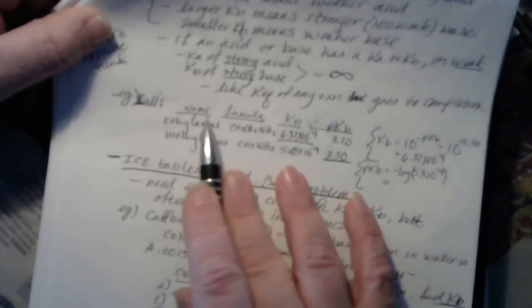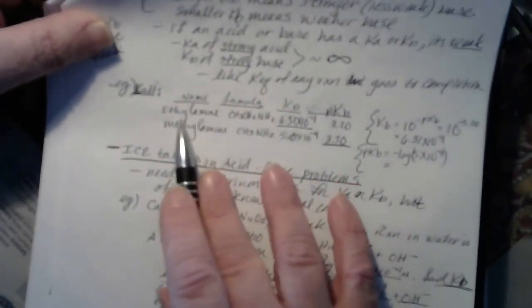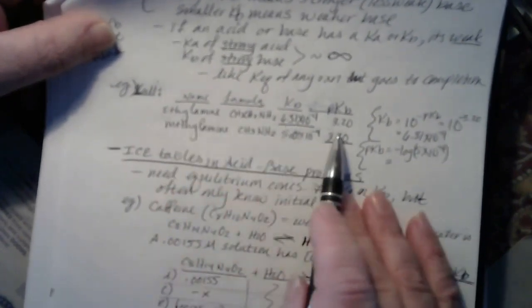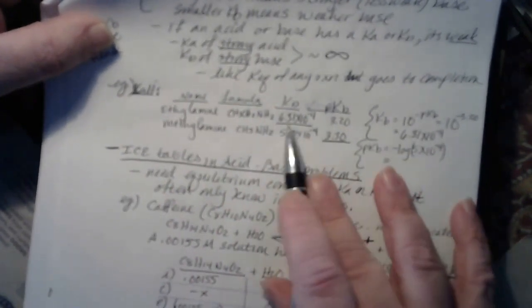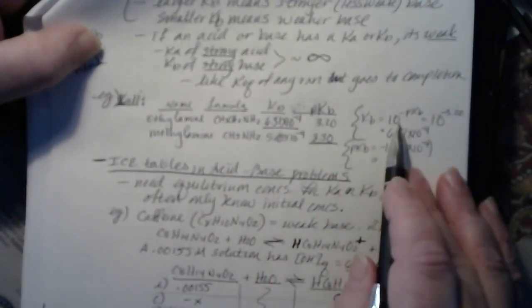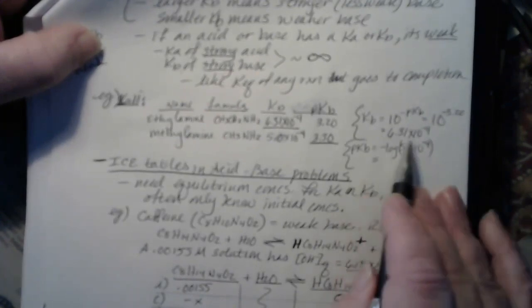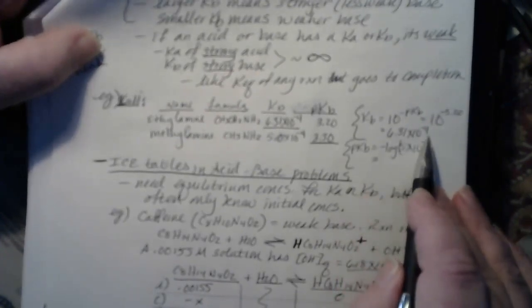Okay, we can quickly look at this example of calculating Ka and Kb. For ethylamine, the book gave us the pKb being 3.20. So if you want the Kb, which wasn't there originally, you just take 10 to the minus pKb, that's 10 to the minus 3.20, hit equals, and you get 6.31 times 10 to the minus 4.